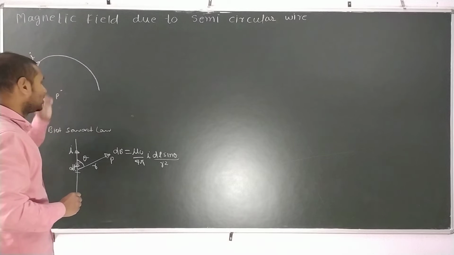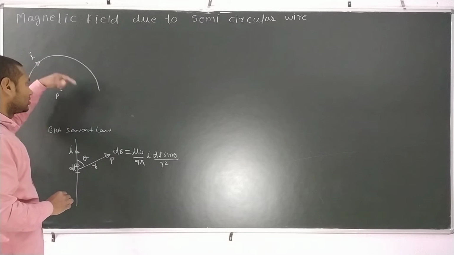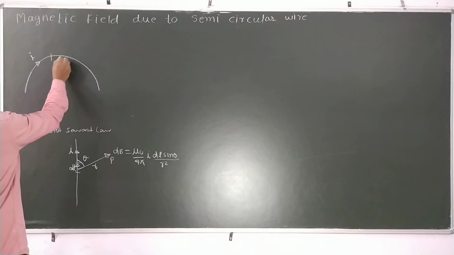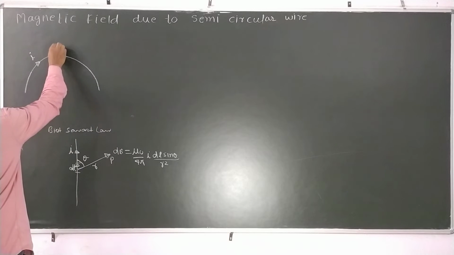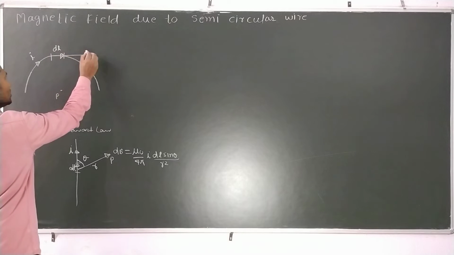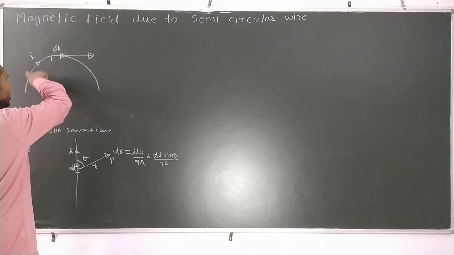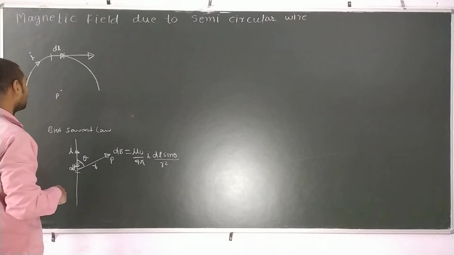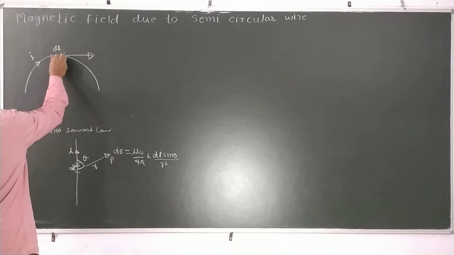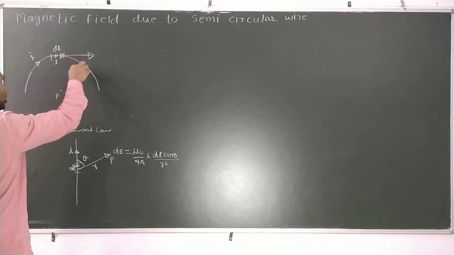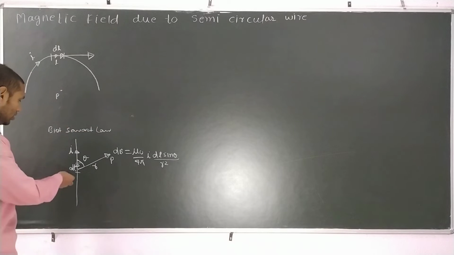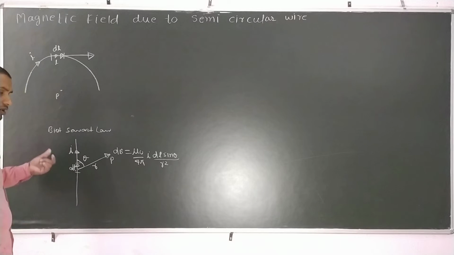We use this law to find the magnetic field at a point P, the center of the semicircular wire. Suppose we cut an element of length dl, and this element has a direction tangential to the semicircular curve. We see that the current is always in the direction of dl, or we can say that dl is always in the direction of current, because dl is an elemental current.